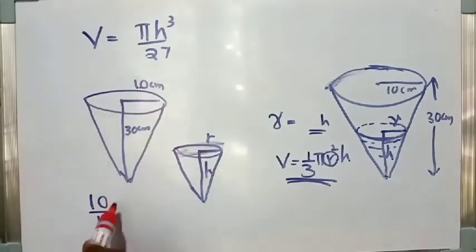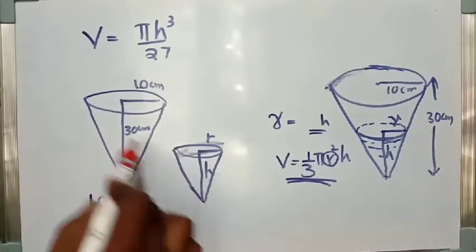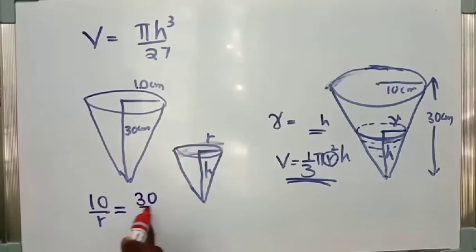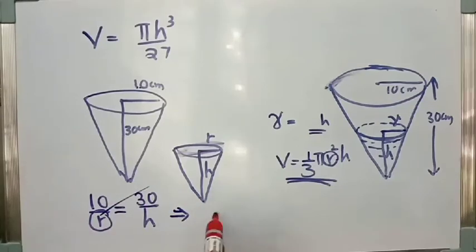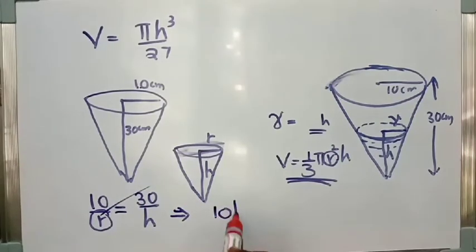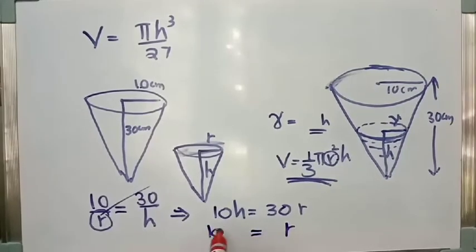That means 10 by r is equal to the height 30, whose corresponding is h here, so we get 30 by h. Now from this we have to find a value for r. Let's cross multiply. So we get 10h is equal to 30r, so r is equal to 10h by 30.